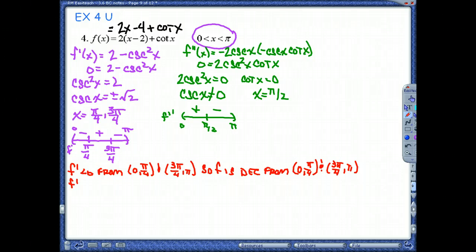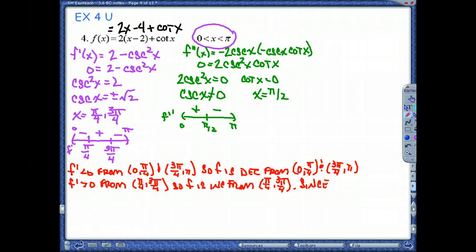My derivative is greater than 0 from pi over 4. Oopsie, got excited there. Close that up. Pi over 4 to 3 pi over 4. So f is increasing from pi over 4 to 3 pi over 4.